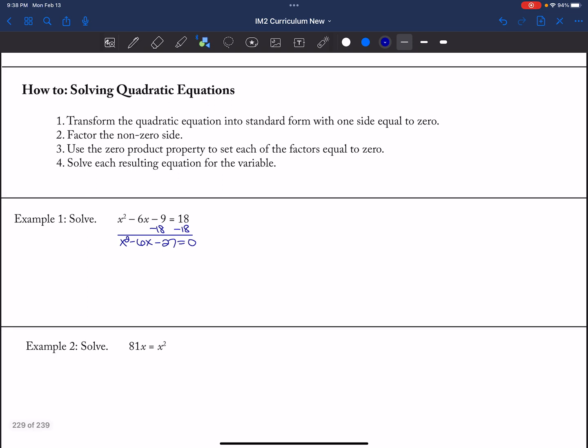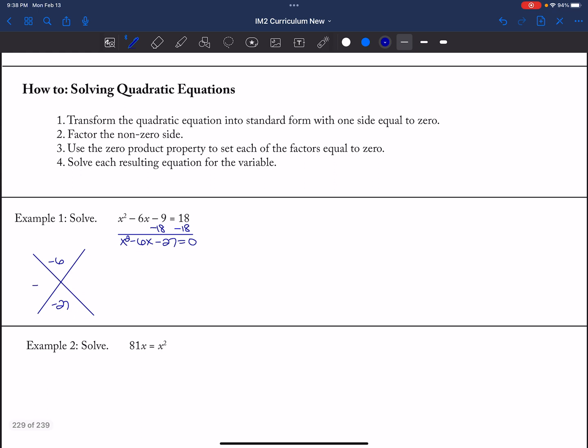I'm going to go ahead and do the x and factor. So I'm going to put negative 6 on the top and negative 27 on the bottom. Two numbers that multiply to give me negative 27 and add to give me negative 6 are negative 9 and positive 3. So you're going to have x minus 9 and x plus 3, and you're going to set this equal to 0.